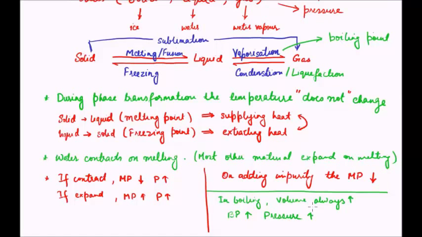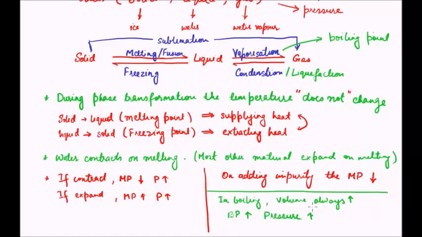This is exactly the concept that is used in pressure cookers. What we do in pressure cooker is that we seal it so that the pressure inside increases. As a result, the boiling point of water will increase, and that will help to cook relatively easier. On the contrary, if you go to hilly regions and at high heights, what happens?